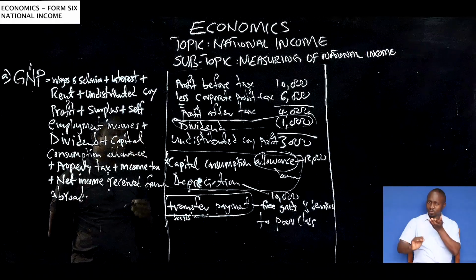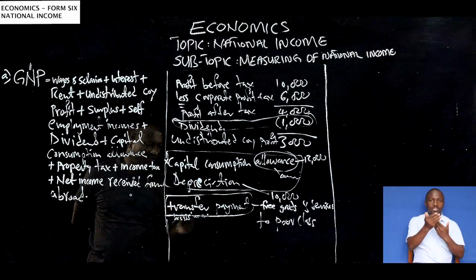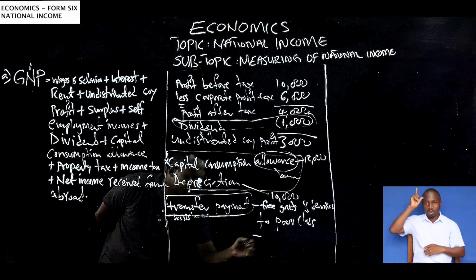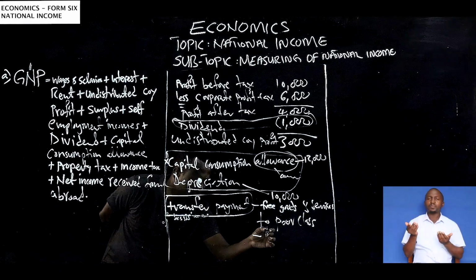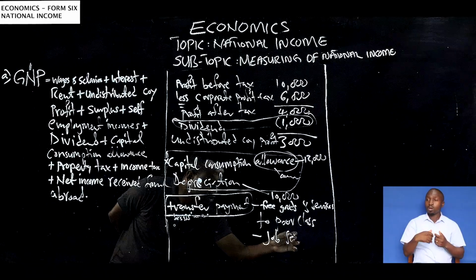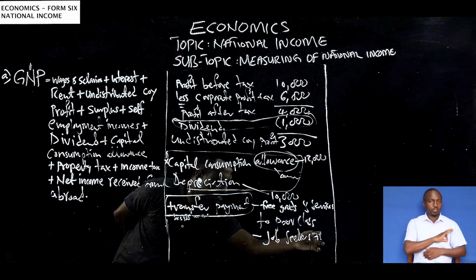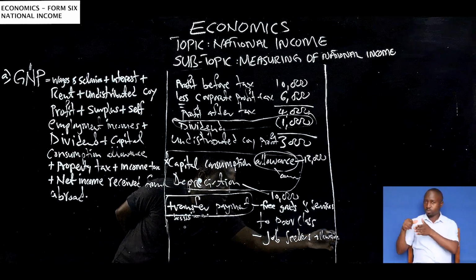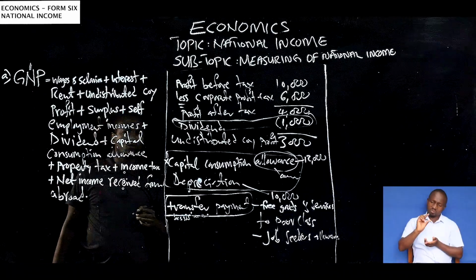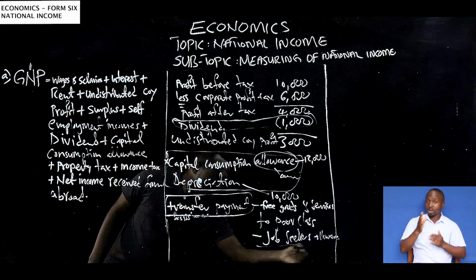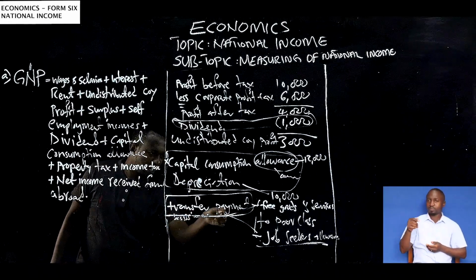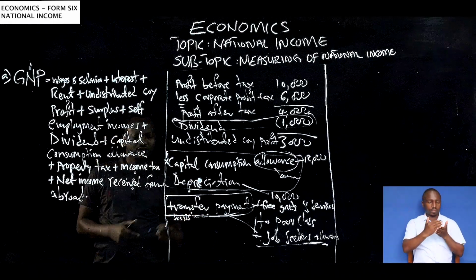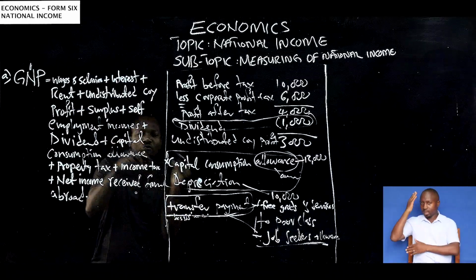Or sometimes a country like Germany, the government of Germany pays what we call job seekers allowance to those who don't have a job. So all this is part of transfer payment.